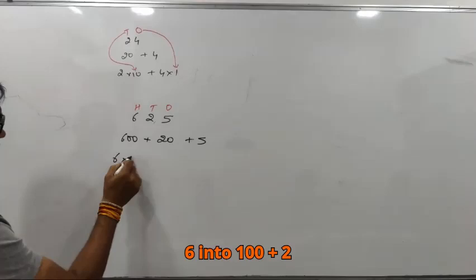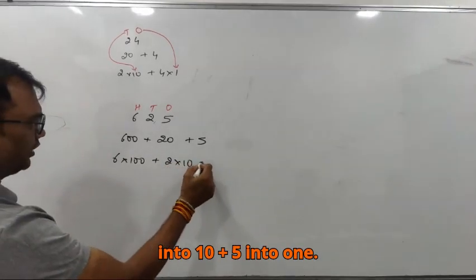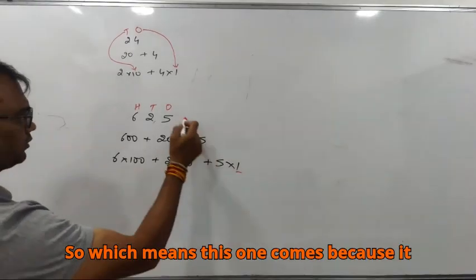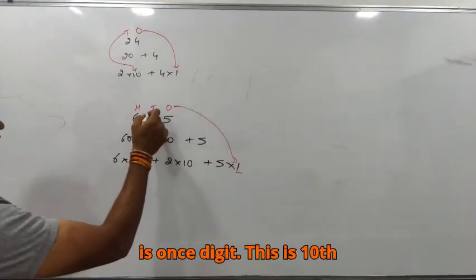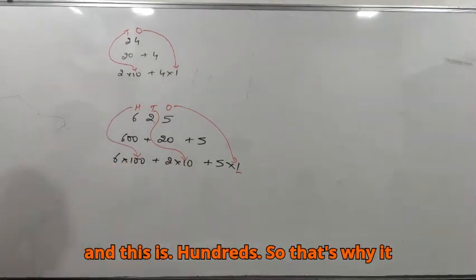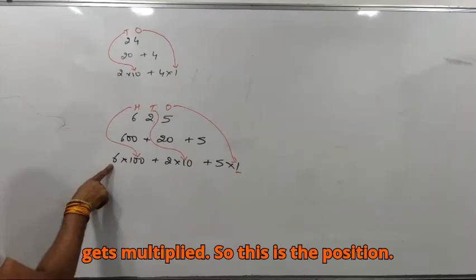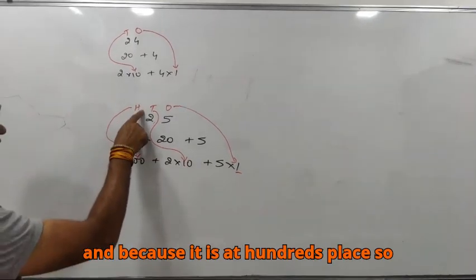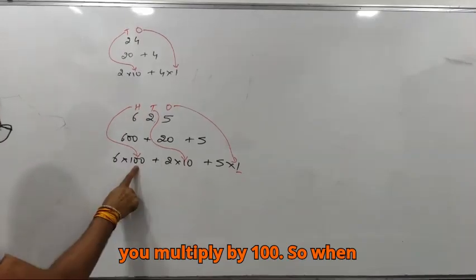So 6 into 100 plus 2 into 10 plus 5 into 1. So this is the position, this is the number placed at the digit, and because it is at hundreds place, you multiply by 100.